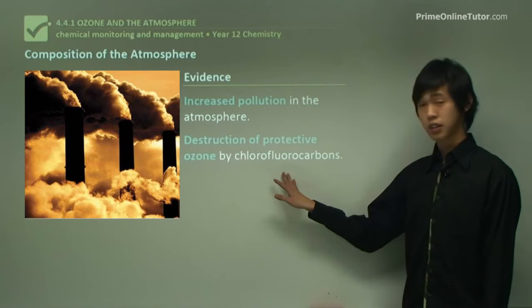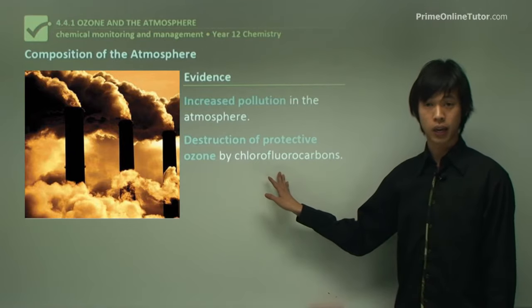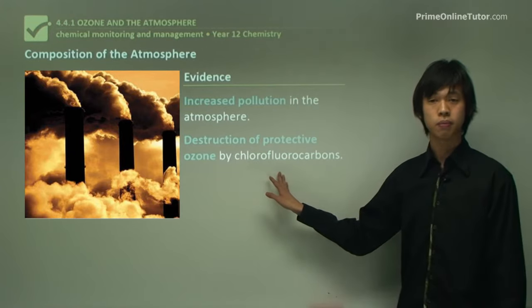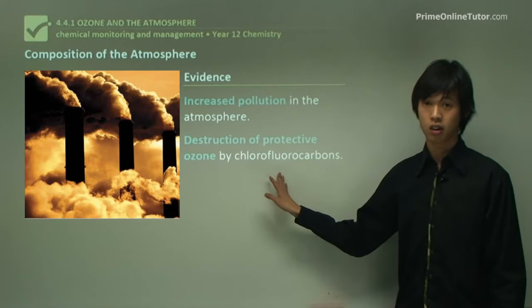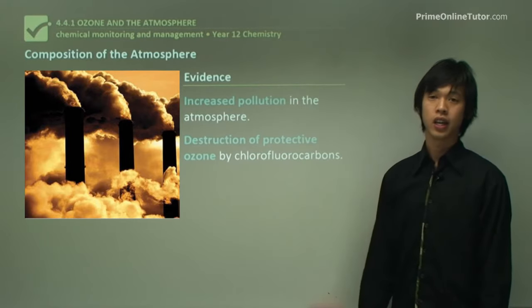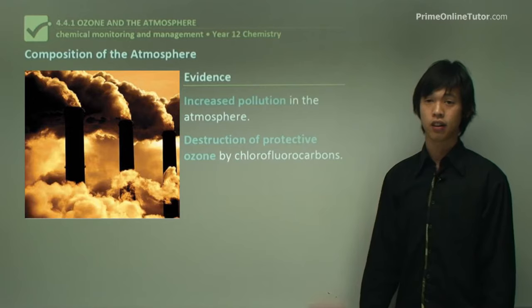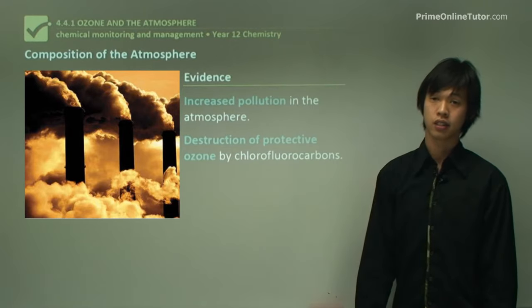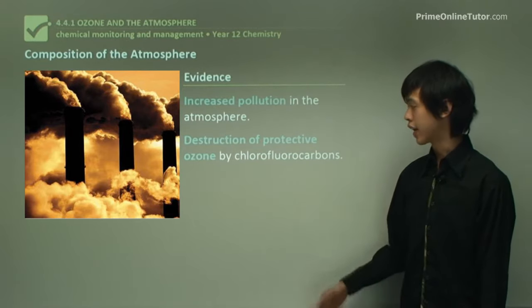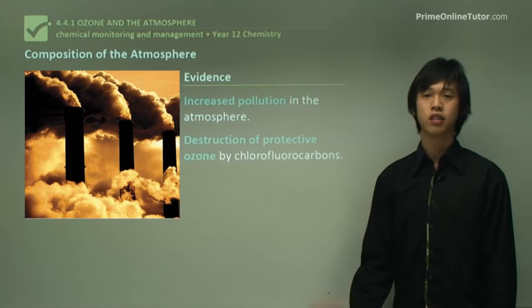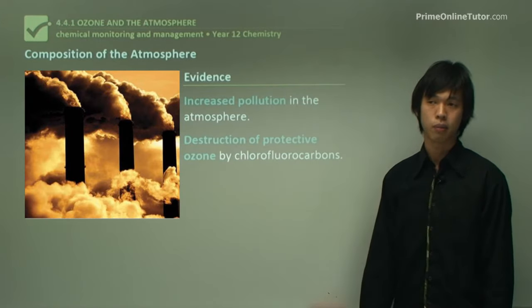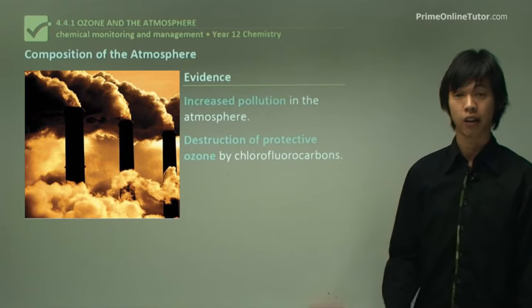I mentioned before the destruction of the protective ozone layer by chlorofluorocarbons, or CFCs, and there has been a pronounced ozone hole, so to speak, over the Antarctic that's been measured over the last 30 to 40 years. Again, increasing the need to monitor chemicals in our environment to see what damage they're doing to our environment.